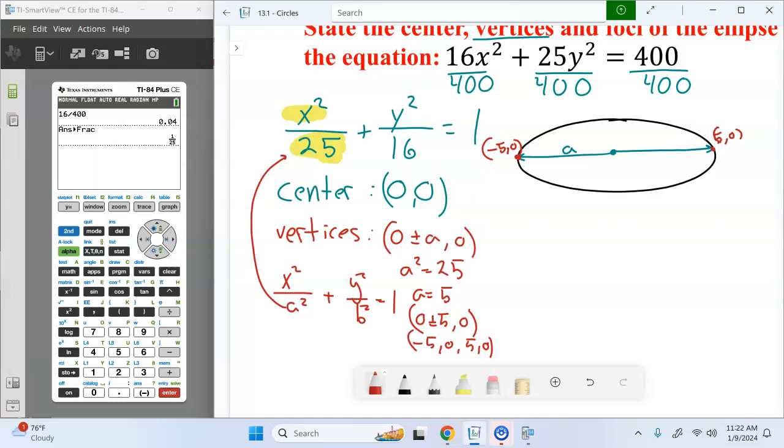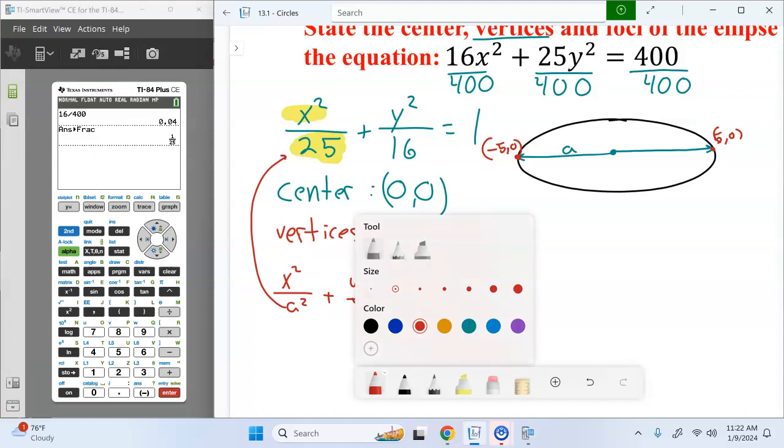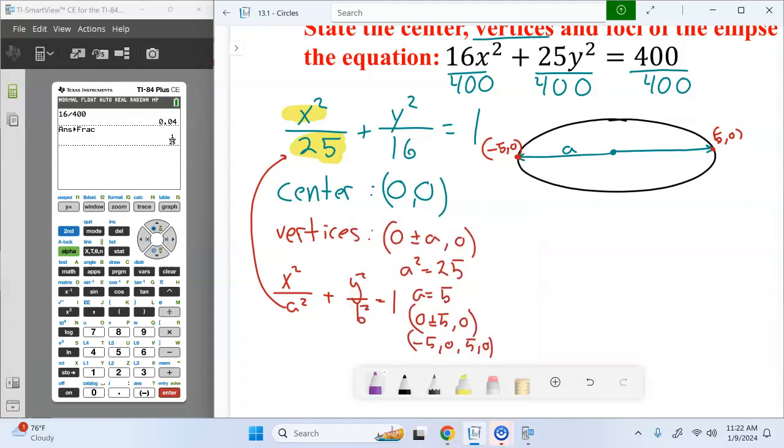Now for funsies, I want to also find the co-vertices along the minor axis. Where will those be in relation to our center point? Major vertices are left and right, so our co-vertices will be above and below. And the distance from center to co-vertices is B. So 25 was A squared, which means A was 5.